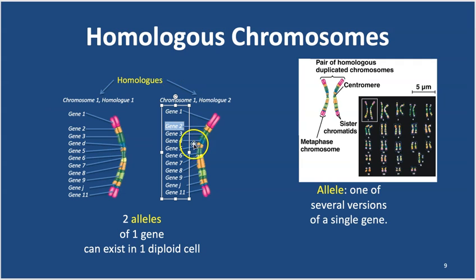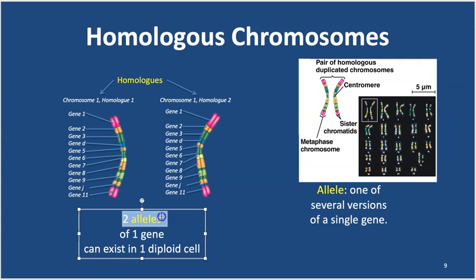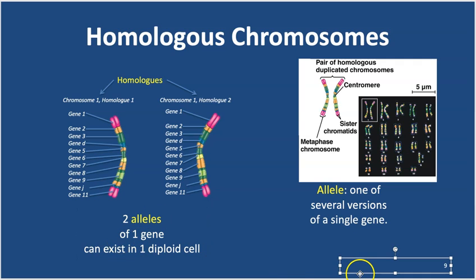And so they have the same genes, but maybe they have different versions of those genes, different alleles. So that's what we would say here, that in a diploid cell, that cell is going to have two alleles for each gene. And an allele, again, can be defined as just one of several versions of a single gene.